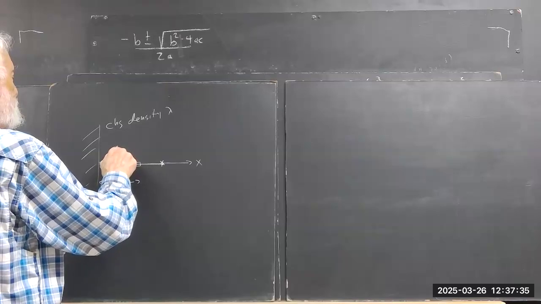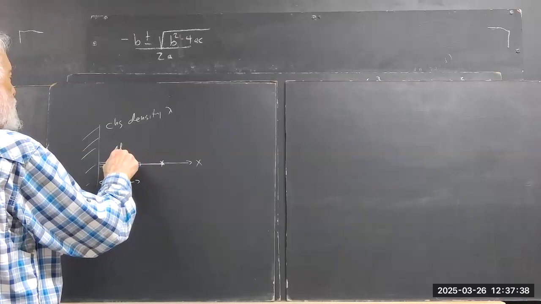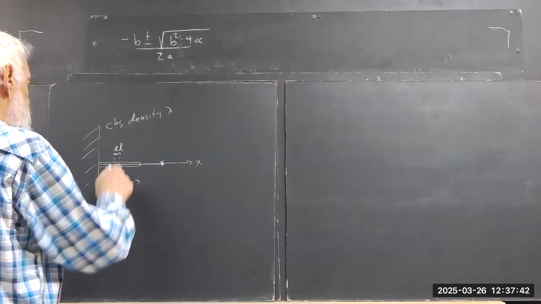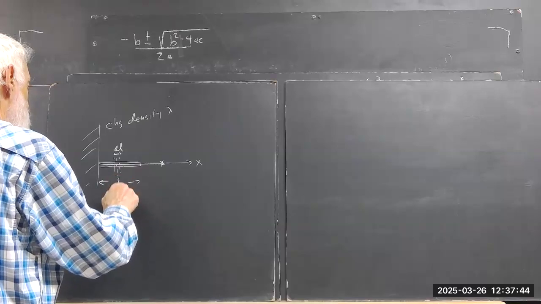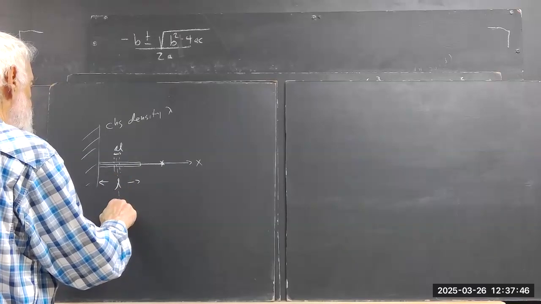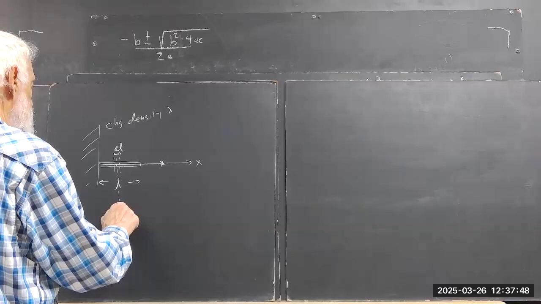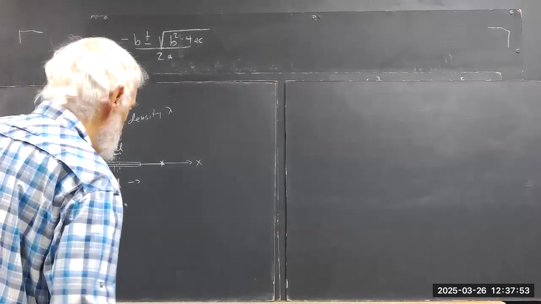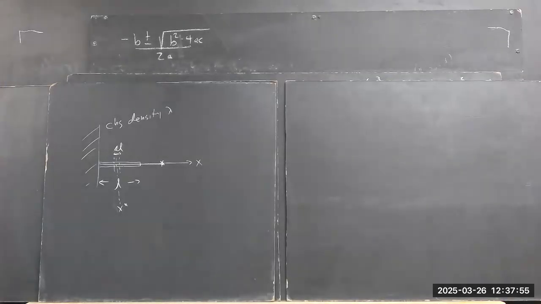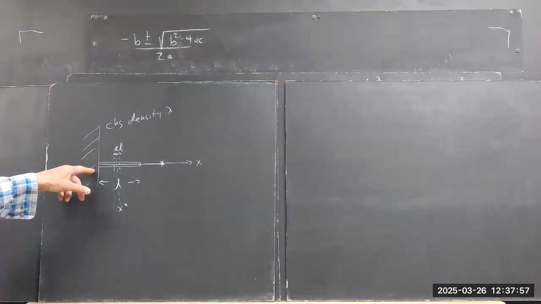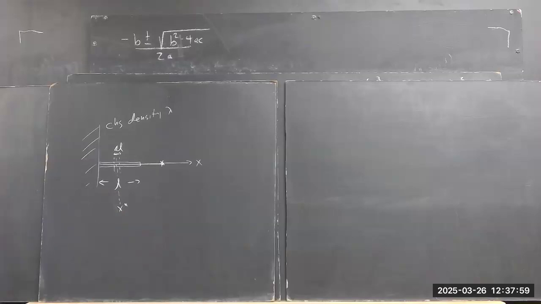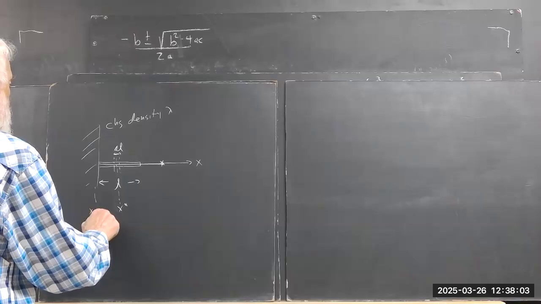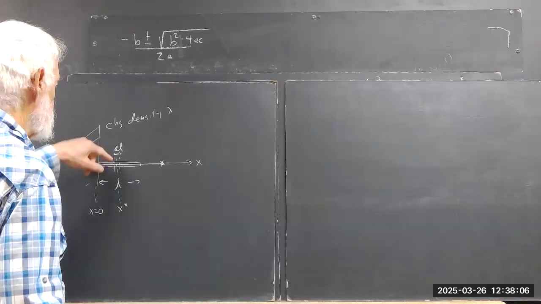Okay. So you take a typical increment of length delta L at position, I like to use x star, somewhere between 0 and L. Okay, so x equals 0 here. x equals x star here.